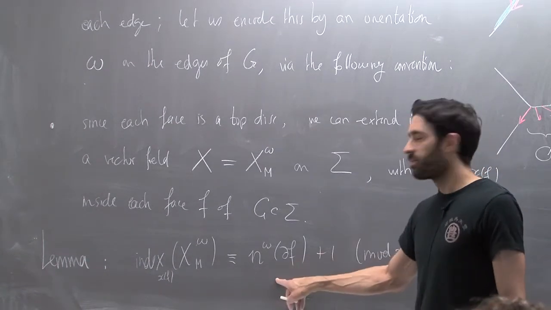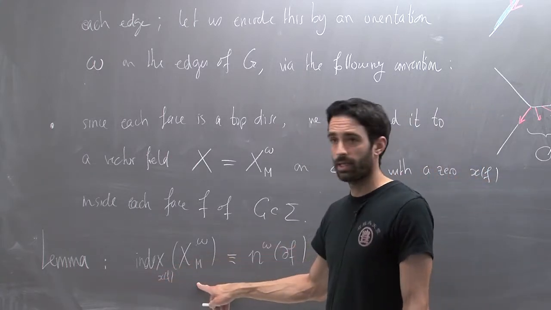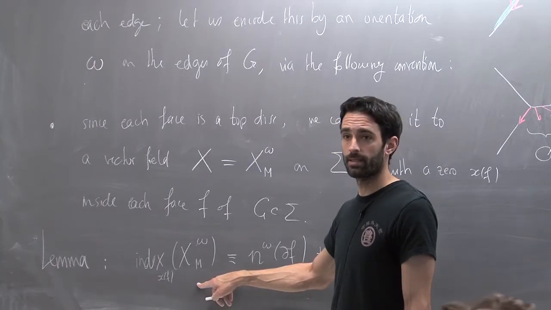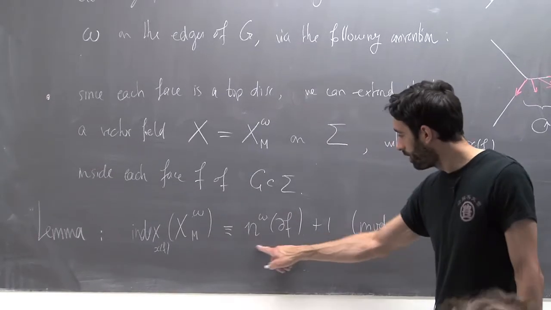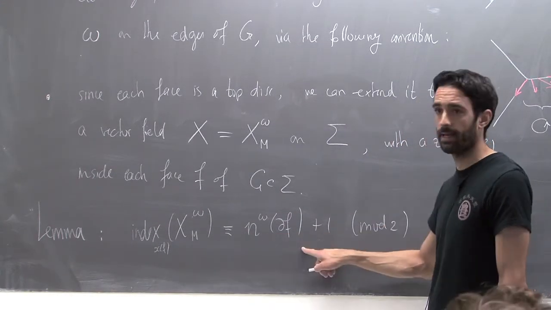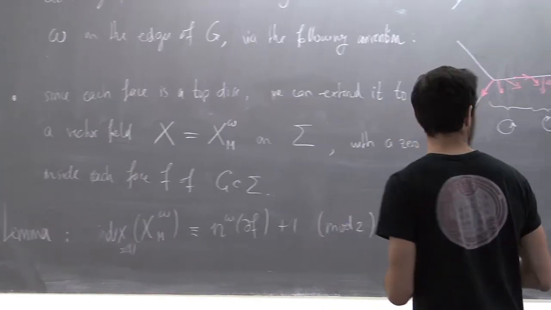Do you understand what this means? This means that the vector field that we have constructed has zeros of even index, that is, defines a spin structure, if and only if this is always odd for every face. And this is exactly the Kasteleyn condition, right? So we see Kasteleyn condition appearing like this.